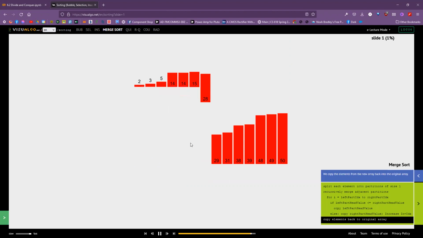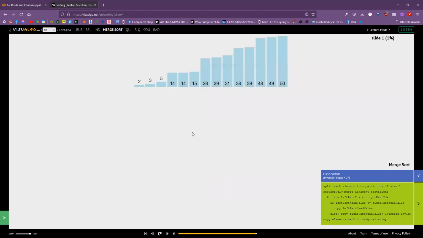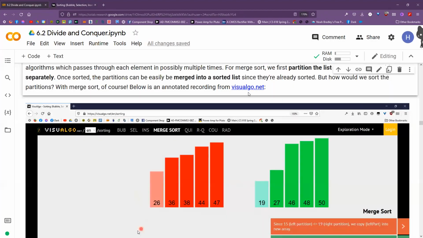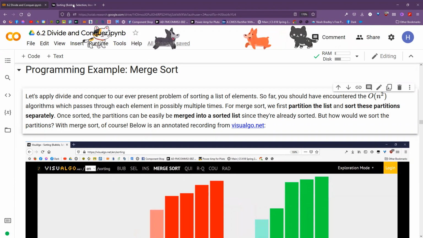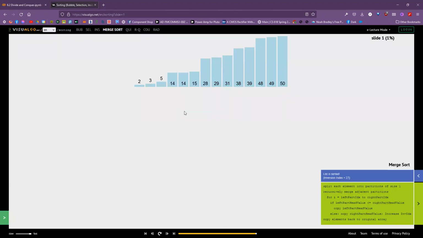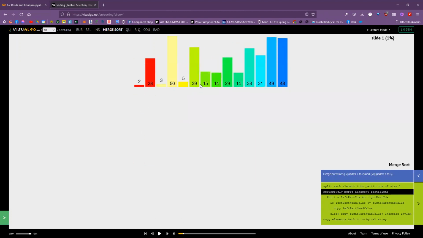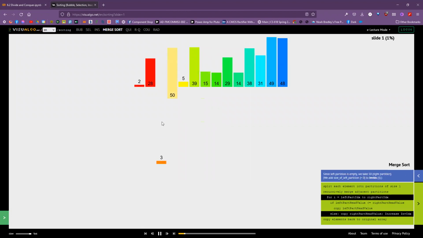So paano natin sinusort yung dalawang partitions natin? As you may have guessed, since this is divide and conquer and we use recursion, we sort the partitions using merge sort then. Actually, if titignan from the start, yung ating recursion, magsa-start siya with each element having its own partition, and then kino-combine lang natin yung mga magkakatabing partitions.